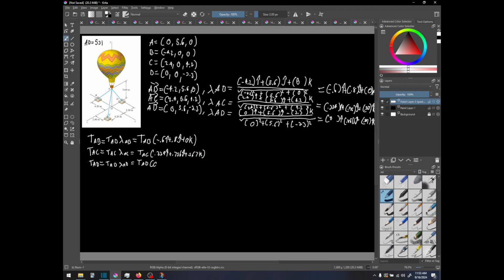And then this would be 0 I hat plus, I don't think I even denoted if that was plus or minus. It is plus 0.861 j hat minus 0.507 k hat. That's what that would look like.